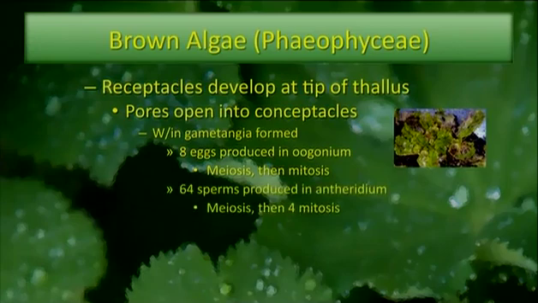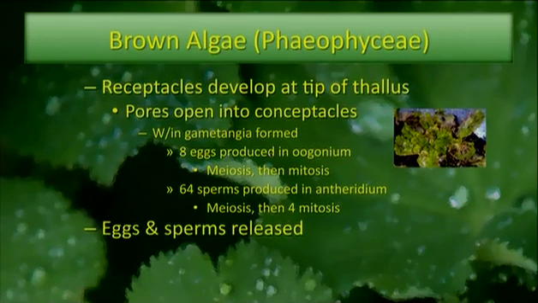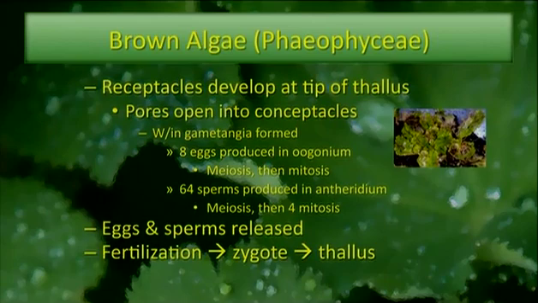And 64 sperms are produced in an antheridium, which undergoes meiosis and four mitoses. Eggs and sperms are released. Then fertilization happens, which leads to the formation of a zygote, which leads to the formation of a thallus.